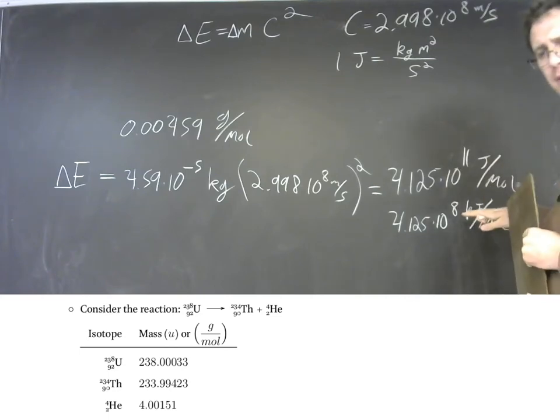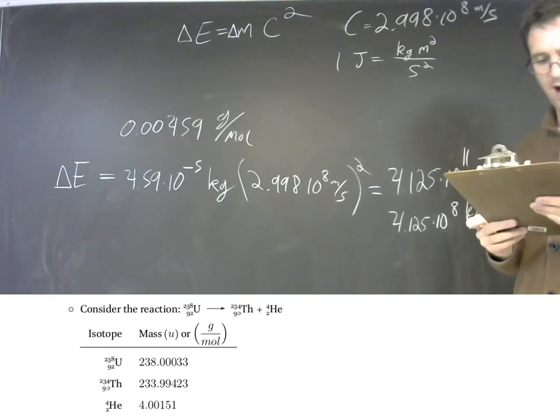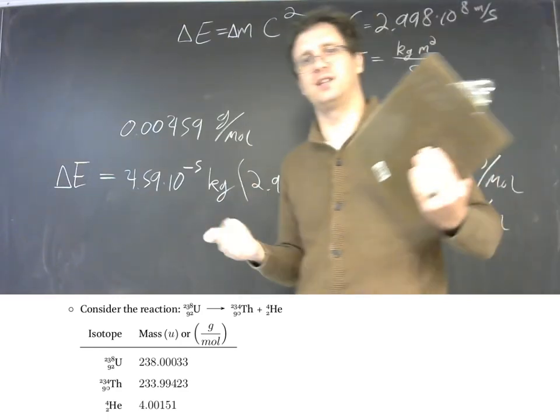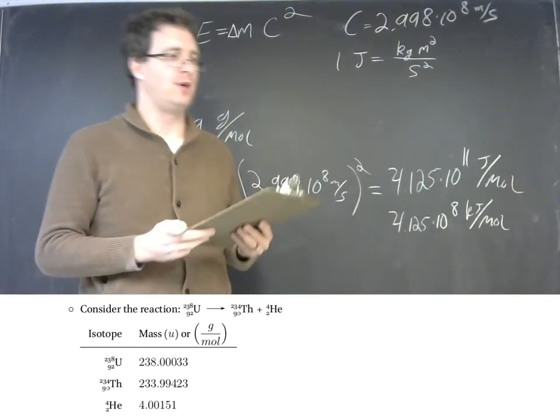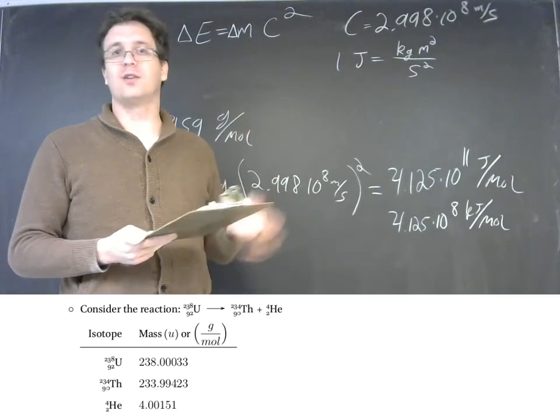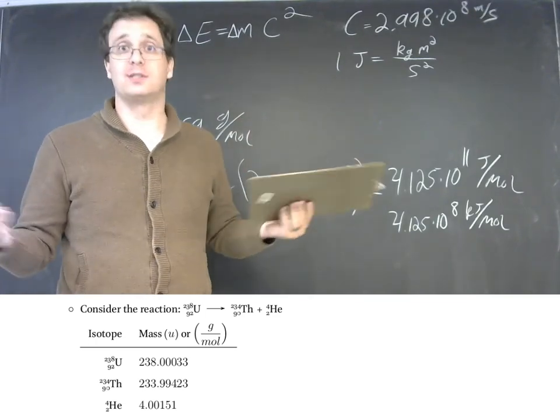You may or may not have an intuition at this point about how much energy that is. Combustion reactions of high density fuels, really energetic chemical reactions, might lose 1,000 kilojoules per mole. So they'd be exothermic on the order of thousands of kilojoules per mole.